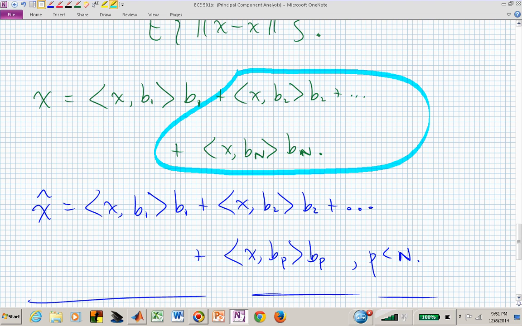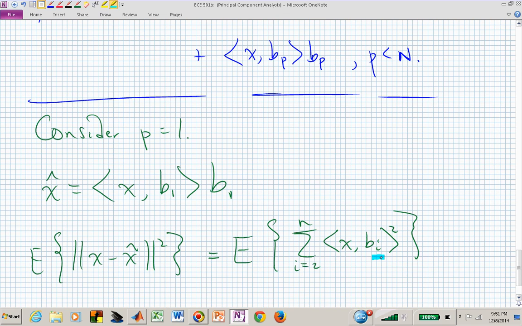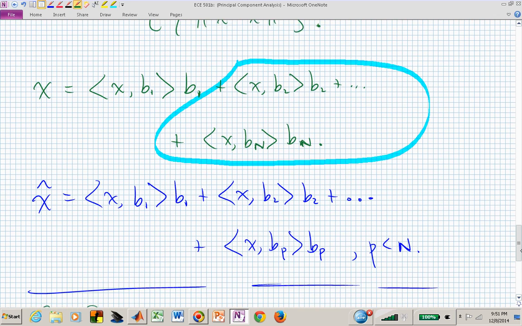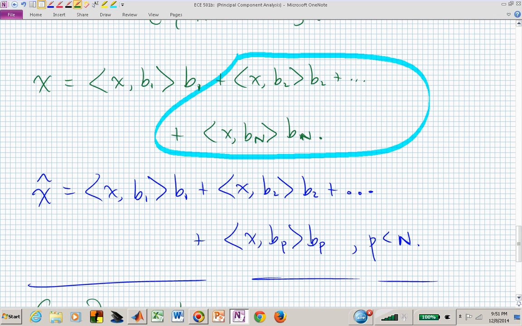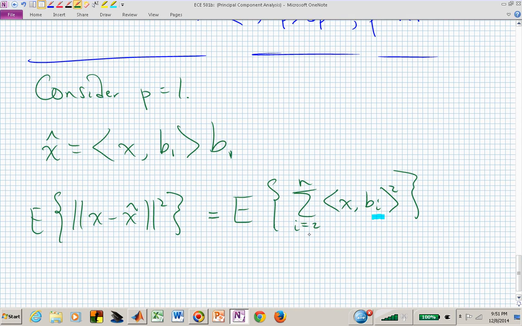combination of vectors. It's going to be x inner product with b2 times b sub 2, and remember these b's are orthonormal vectors, which allows us, when we look at the norm of this residual given by x minus x hat, to simply have the sum of these weightings or these inner products squared.